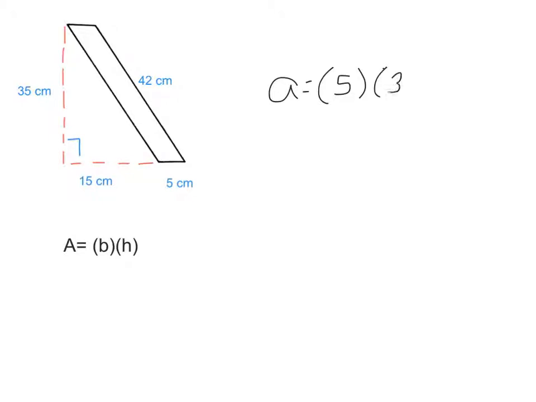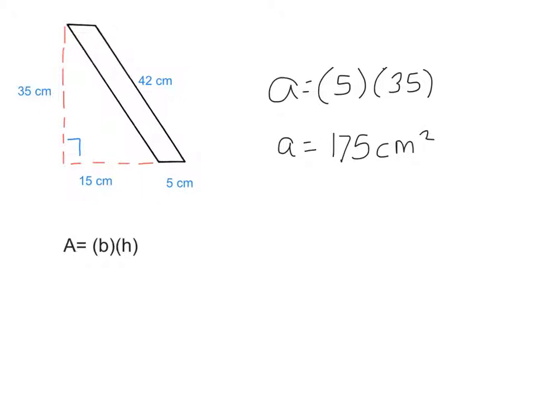So we're going to put 35 in the other set of parentheses. And again, the parentheses means multiplication. 5 times 35 is 175, so the area of this parallelogram is 175 centimeters squared.